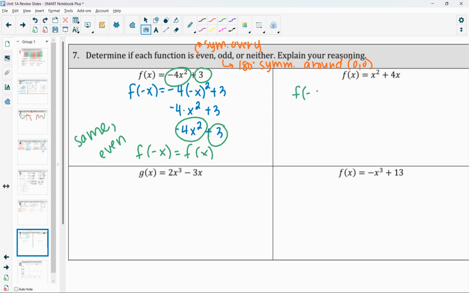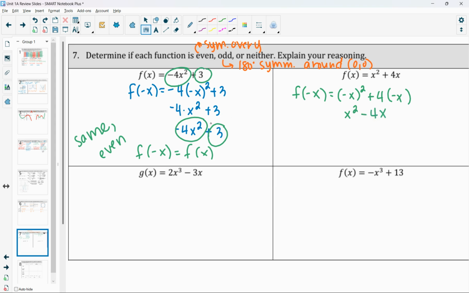For this next one, we would take negative x squared, and we would do 4 times negative x. Negative x squared is positive x squared. And then negative 4 times negative x is negative 4x.